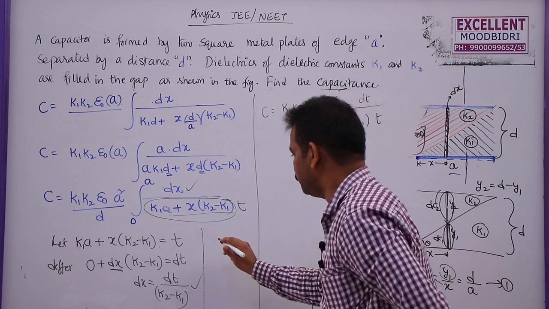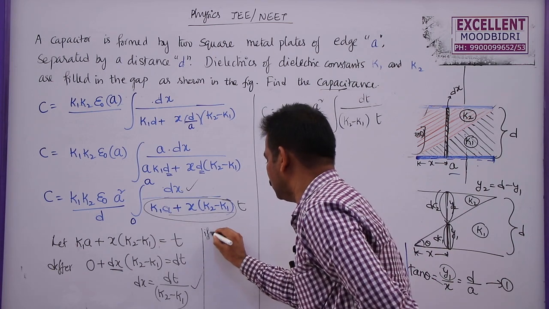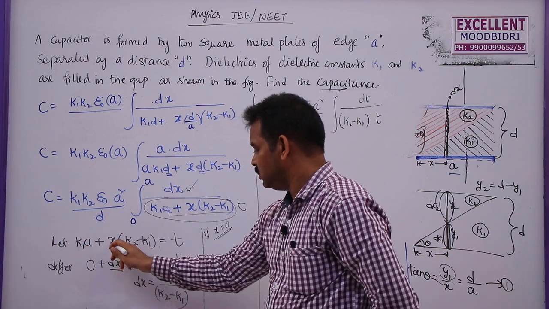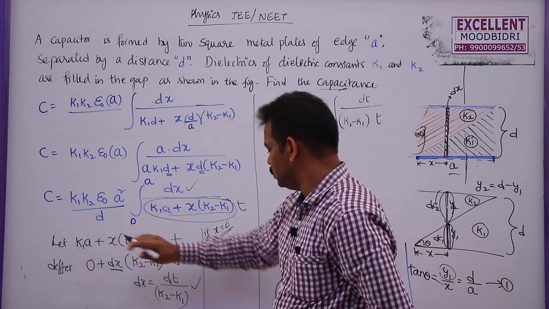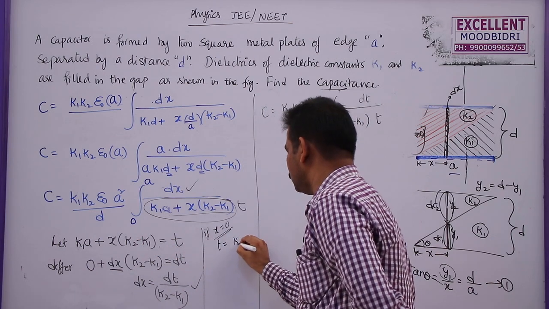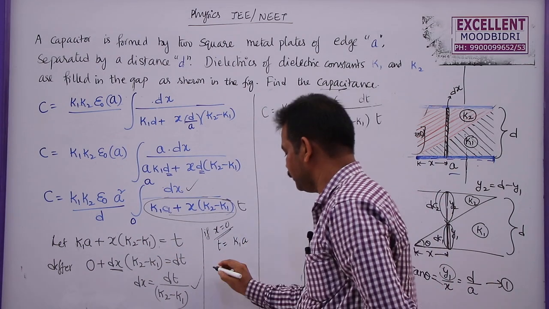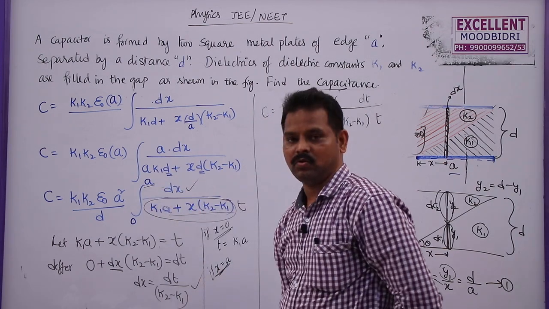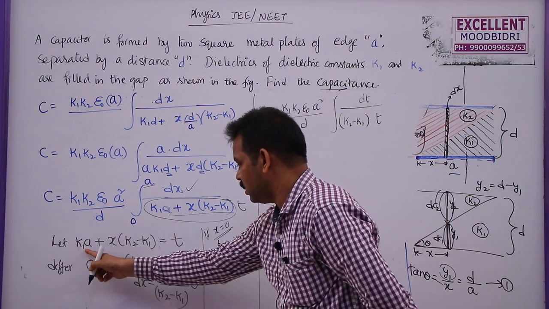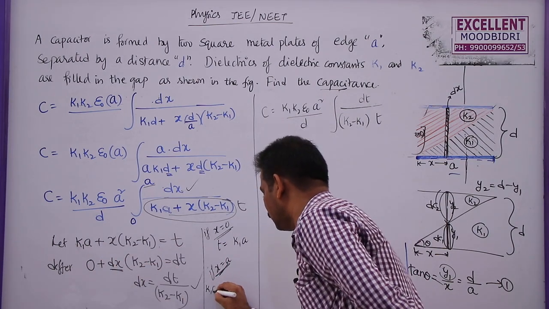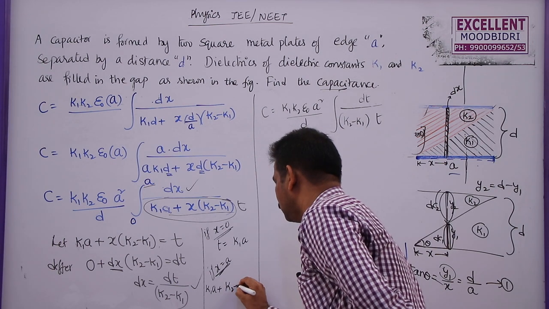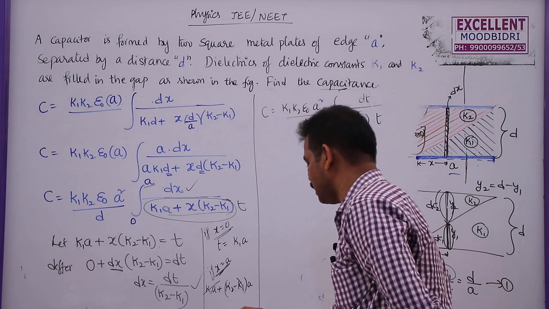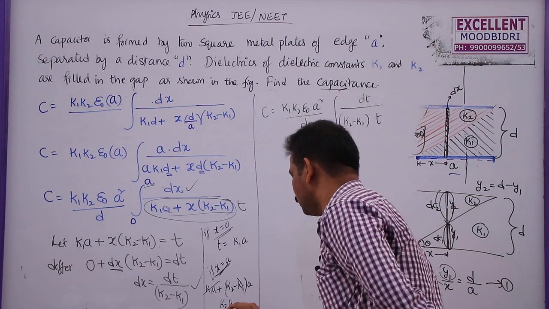So what is this? If x is equal to 0, substitute in K1a plus x, this x will become 0, so this term will become 0. So then t is equal to K1a. Similarly, if x is equal to a, here the upper limit is x is equal to a. Now this will become K1a plus K2 minus K1 into a. Plus K1, no, minus K1, cancel. This will become K2a.